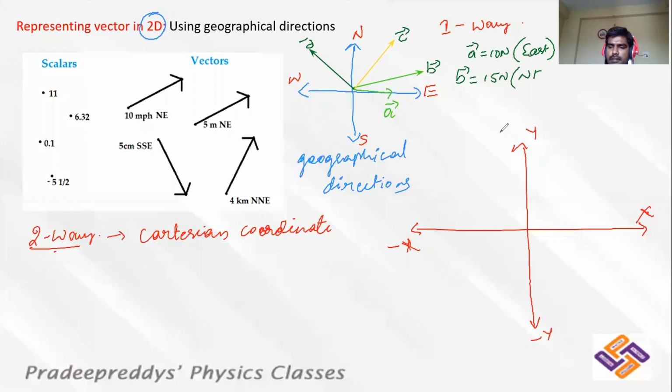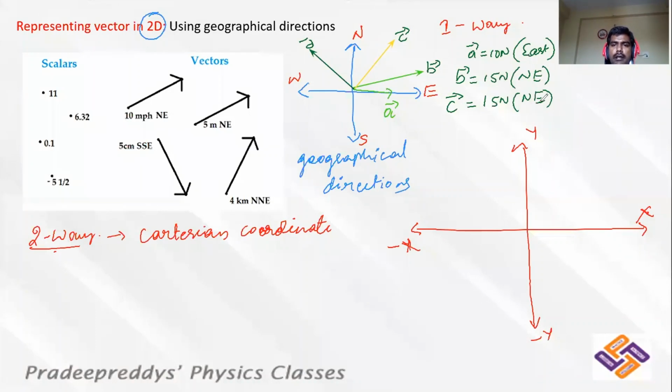This is fair enough. Now come to C bar. C bar has the same magnitude, 15 Newton, and this is also in which direction? Northeast. Right? Now, if you are representing with geographical notations, simply mentioning northeast is not sufficient to represent those two vectors B bar and C bar, because the 15 Newton magnitudes are equal, and the direction is also northeast for both the vectors.